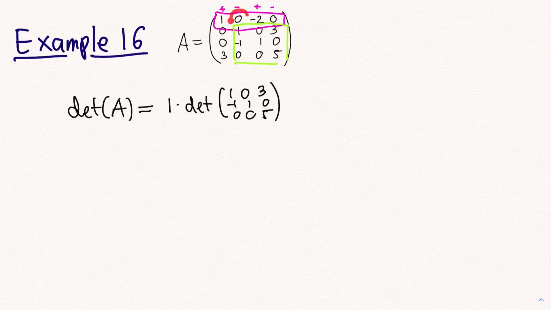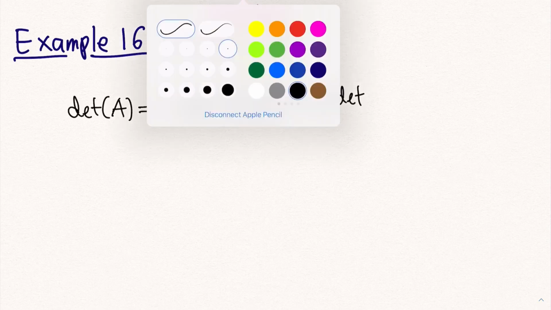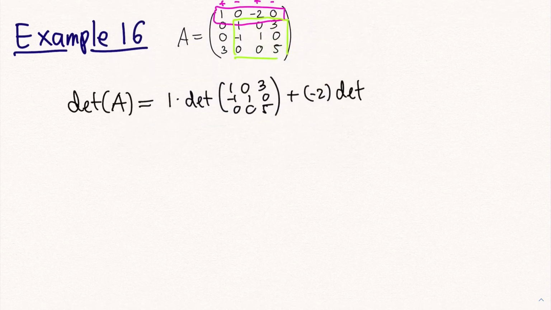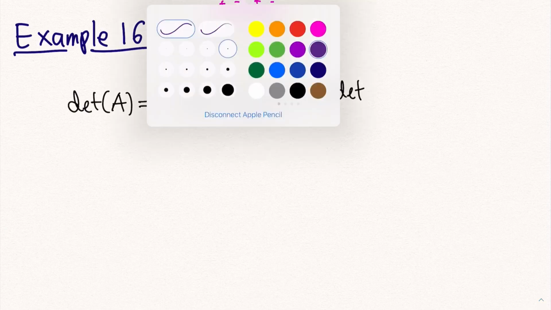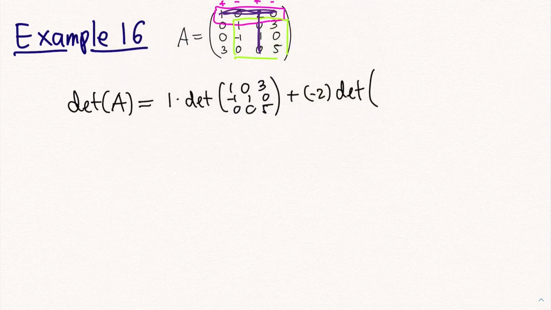And then the second one doesn't give anything, so it would be minus 0 times the determinant of this. But now it's plus minus 2, so plus minus 2 times the determinant I get by erasing this part here. So it's 0, 1, 3, 0, minus 1, 0, 3, 0, 5. So now we have the sum of two determinants of size 3.